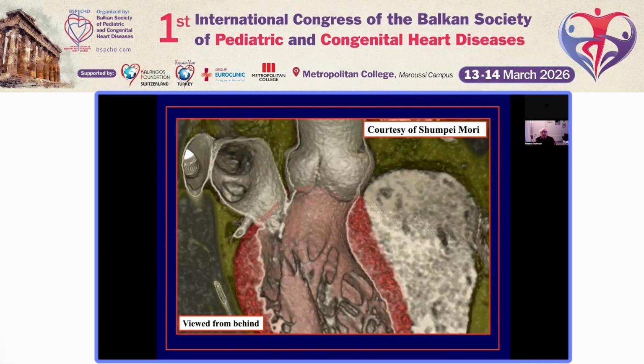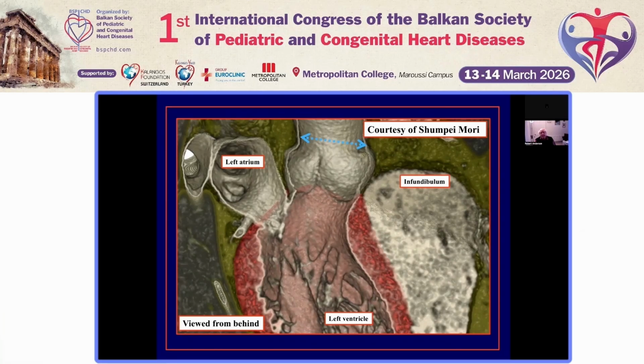Now we can see what's going on in the root a little better if we look at another computed tomogram. This is another one prepared for me and shared with me by Shumpei Mori. Again, we see the center position of the aortic root here, looking at it from behind, between the left atrium, left ventricle, and the infundibulum.